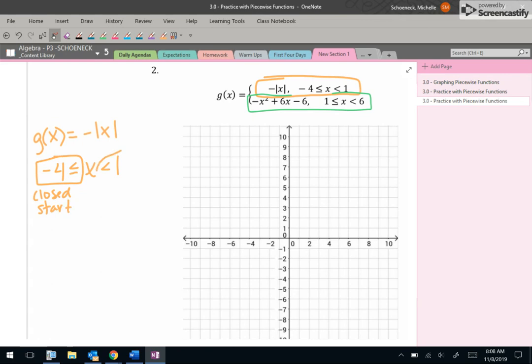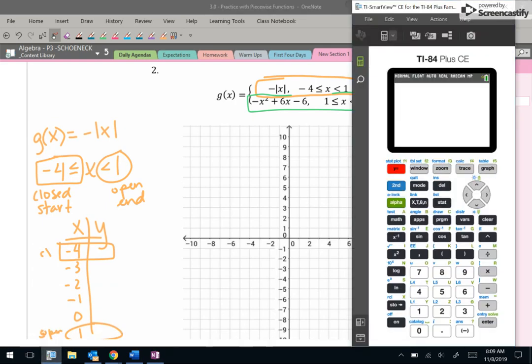The 1 is just less than, so it's an open circle, and that's the end of this interval. So I've got negative 4, negative 3, negative 2, negative 1, 0, and 1. This one is a closed circle, and this one's an open circle.